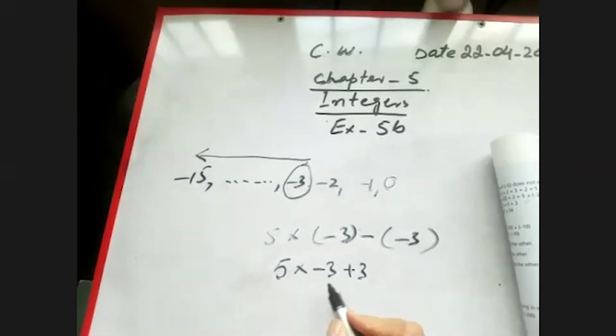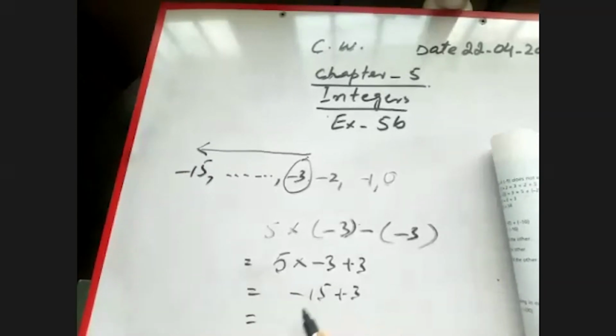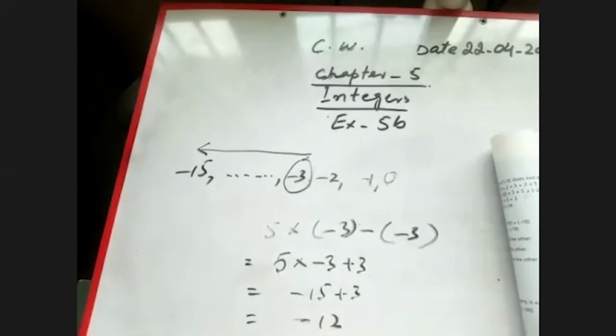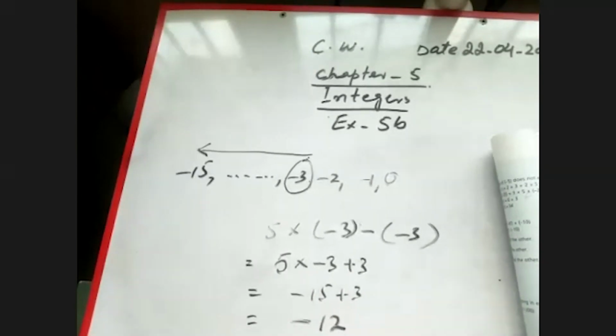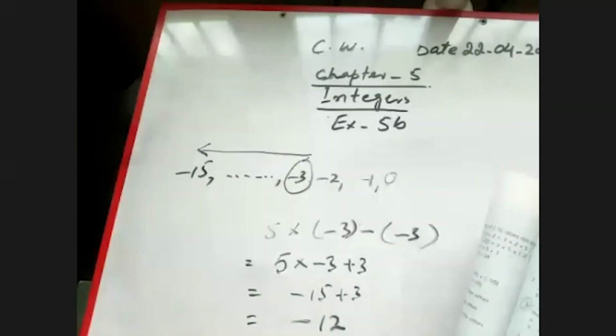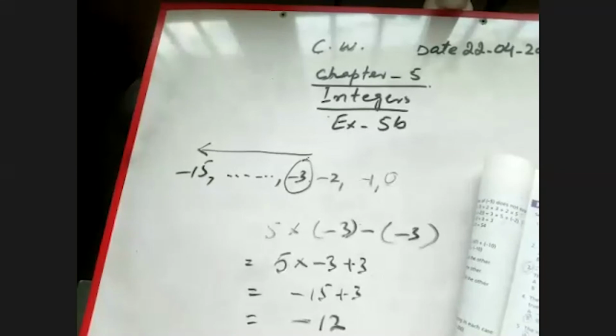First you have to do multiplication. 5 threes are minus 15, plus 3 gives you minus 12. So A option is correct. You will do plus minus is minus, subtraction, and you will put the sign of the greater absolute value. So you will get minus 12, which is A option correct. You don't have to write the solution, but for your convenience, to get the correct answer, you can do it in the rough work as well.